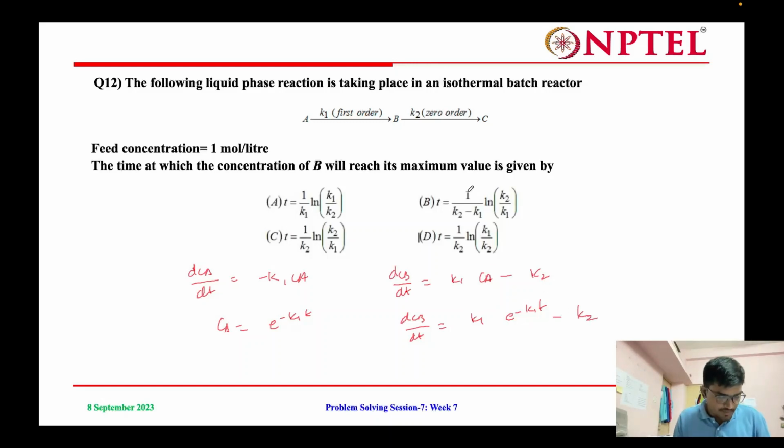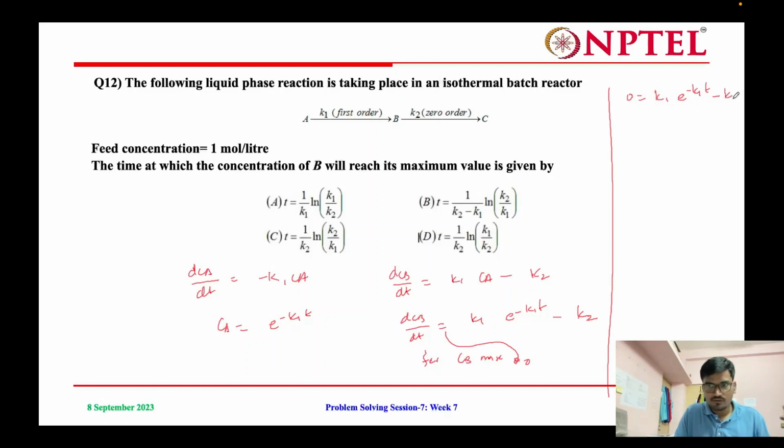For maximum CB, dCB by dt equals 0. So 0 equals K1 e raised to the power minus K1 t minus K2.